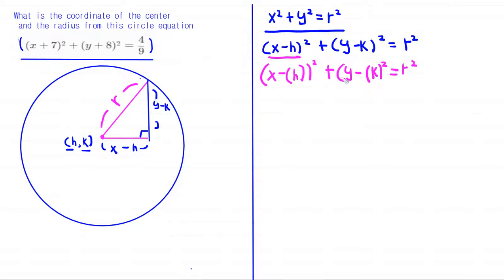So we figure out that it is x minus h squared plus y minus k squared.